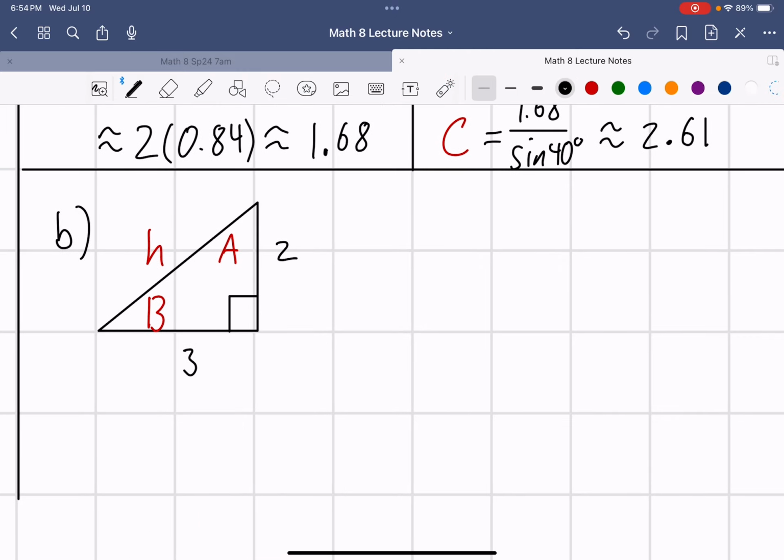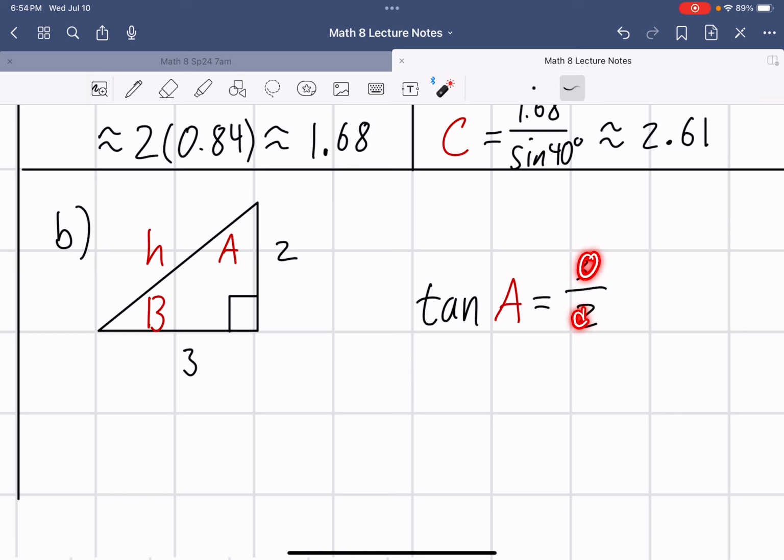So I'm going to try to use tangent of A. And that is opposite over adjacent, because SOHCAHTOA is opposite over adjacent.